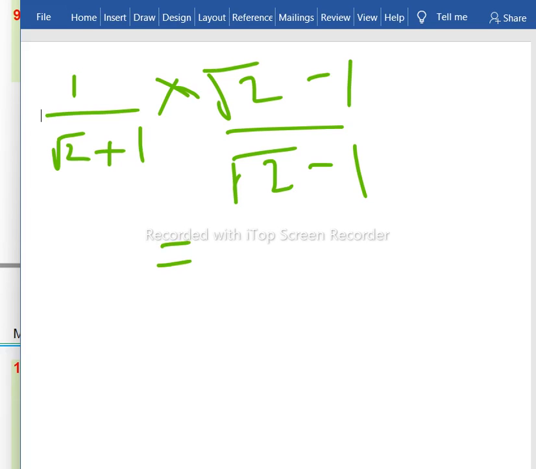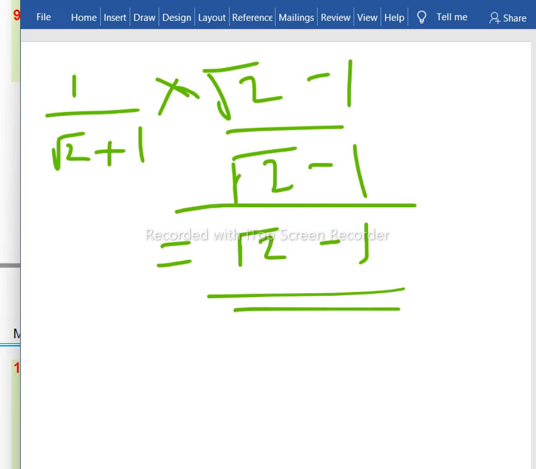So we have the square root of 2 minus 1 over the square root of 2 times the square root of 2, which is 2, minus 1 times 1, which is 1. Any number divided by 1 is itself. So we have the square root of 2 minus 1. This is the final answer for question letter A.